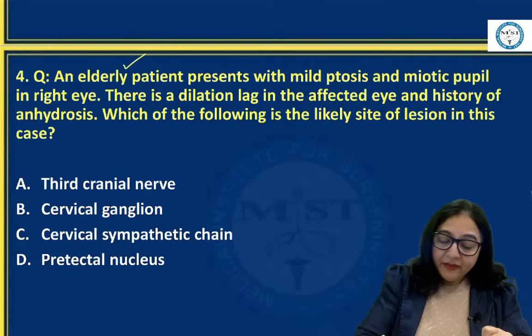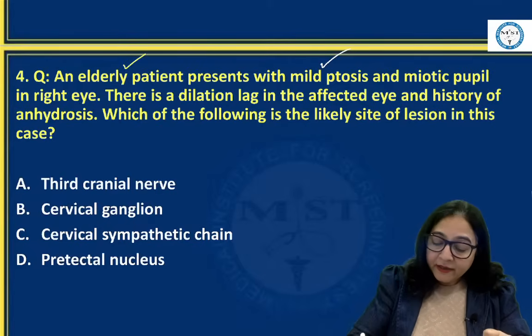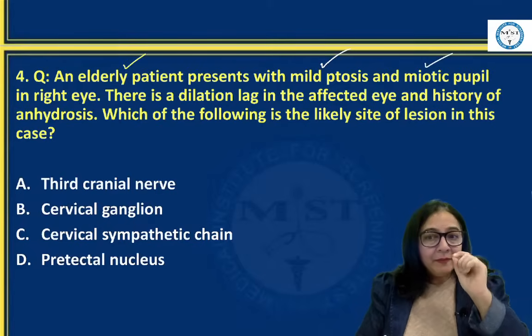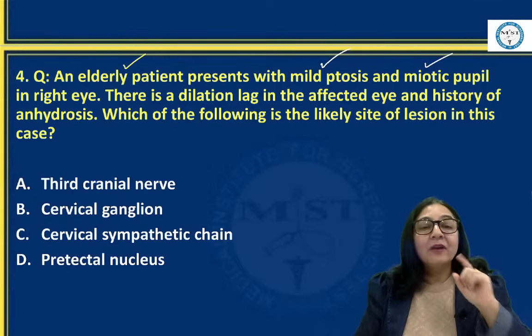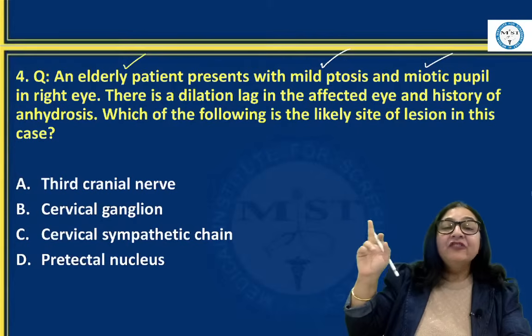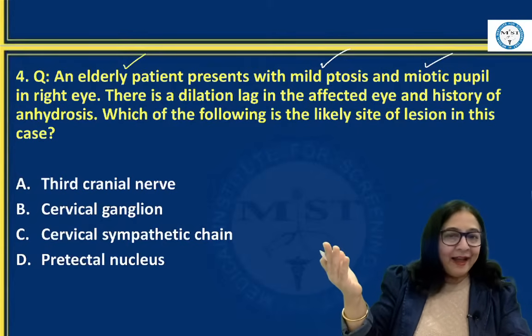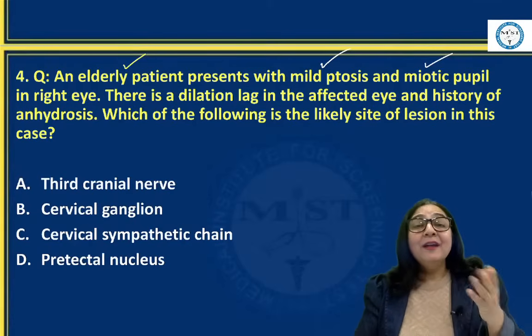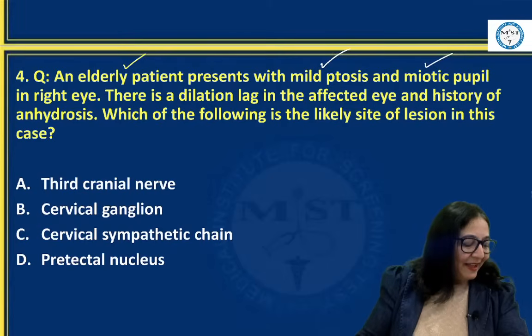The patient is having mild ptosis. Ptosis means the drooping of the eyelid. Miotic pupil means the pupil is constricted. There is dilation lag in the affected eye and history of anhidrosis. So which of the following is the likely site of lesion in this case?